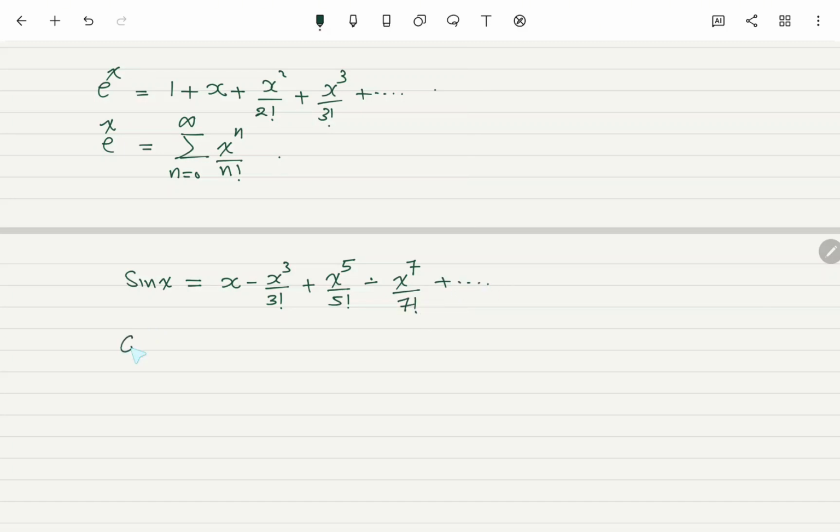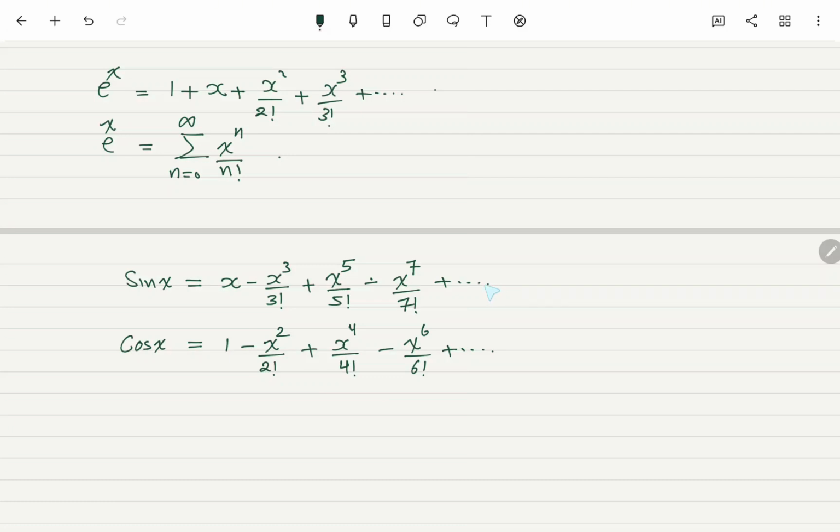And we also use the expansion for cosine x equal to 1 minus x squared over 2 factorial plus x to the power 4 over 4 factorial minus x to the power 6 over 6 factorial plus and so on.